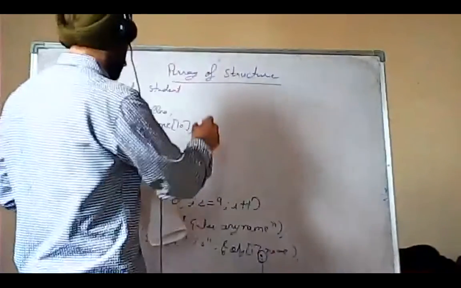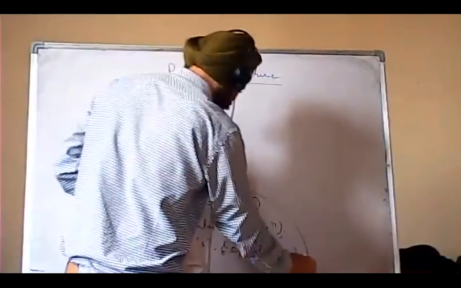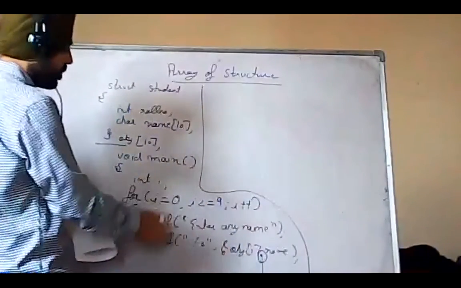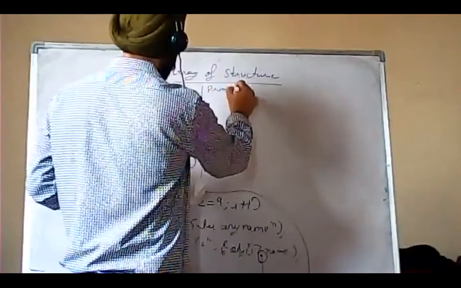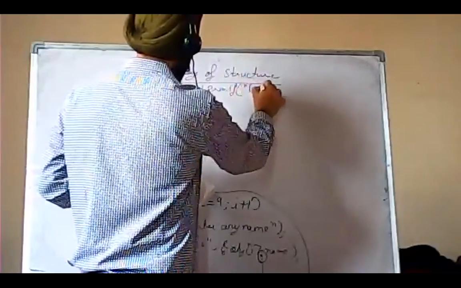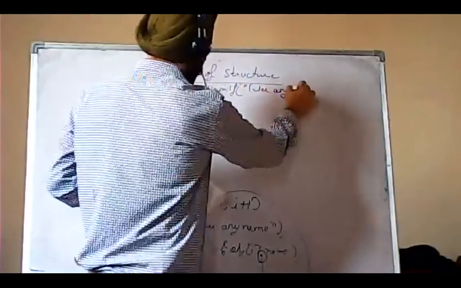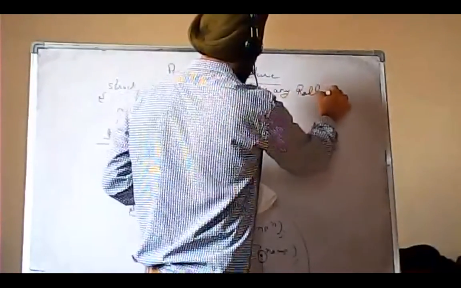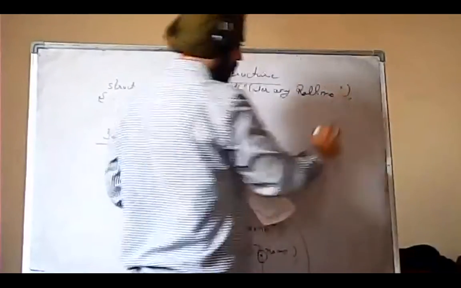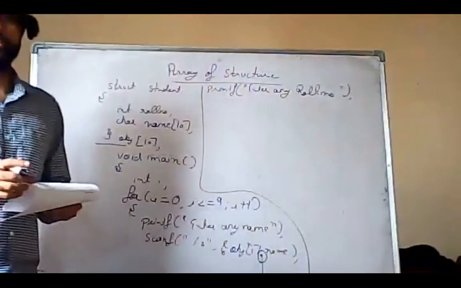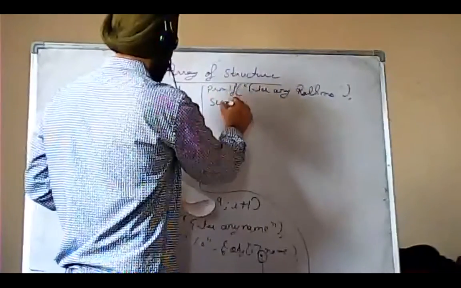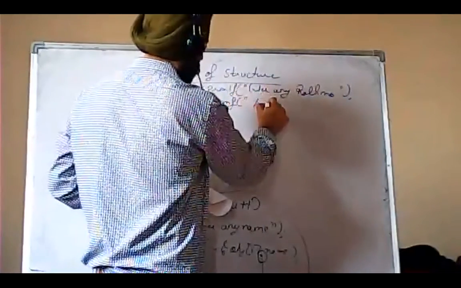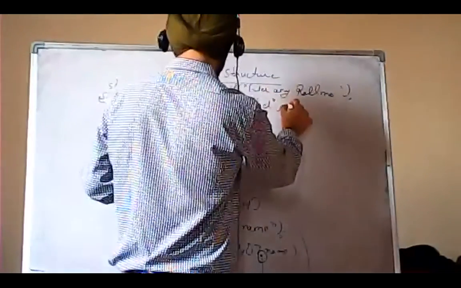So the next step is to input the value for roll number. So again, I am just going to write printf, enter any roll number. So now I am just inputting the value. So percentage d, then comma.